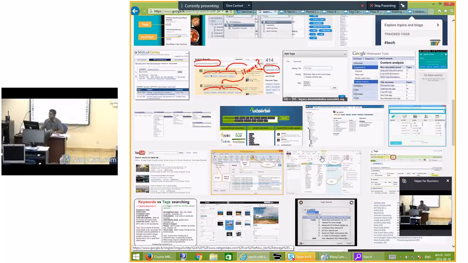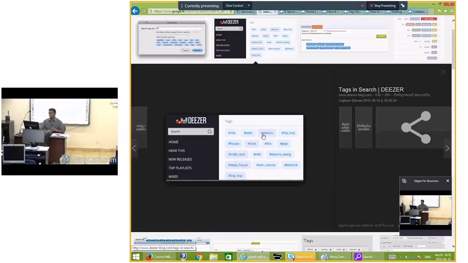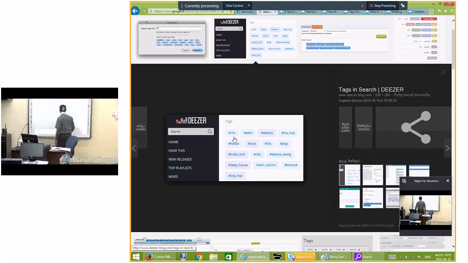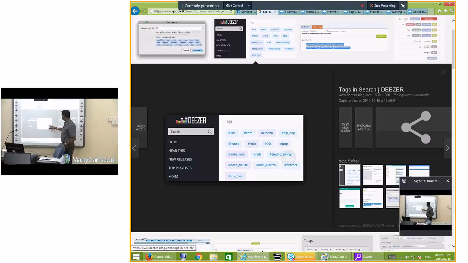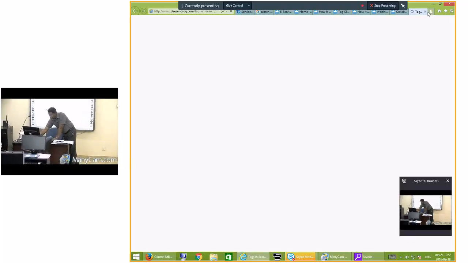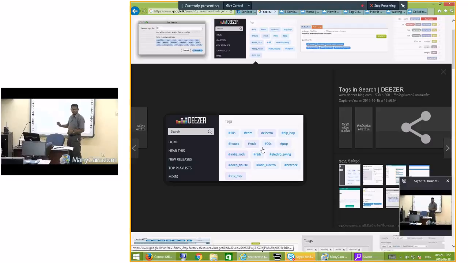You can see the tags, right? So once you search something, it will show the available tags, and say you are searching for electro swing, and if this keyword is repeated several times, it will show in a different size, I mean in a larger font, right?